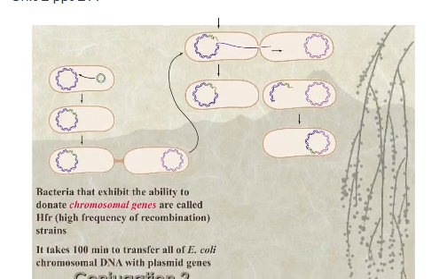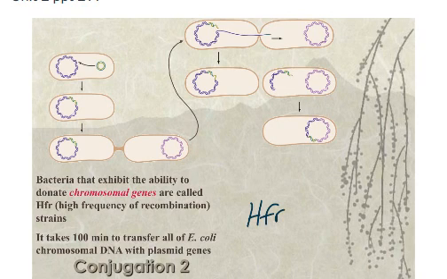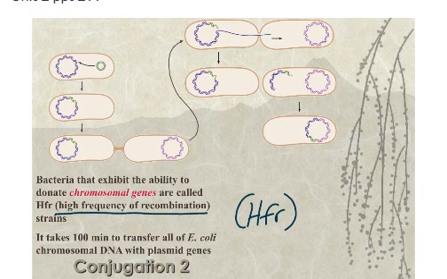The second concept of conjugation is known as HFR conjugation. And HFR is for high frequency. In this particular case, conjugation is occurring at 1,000 times the rate of regular conjugation. So, excuse me, this is the original picture from the previous page.